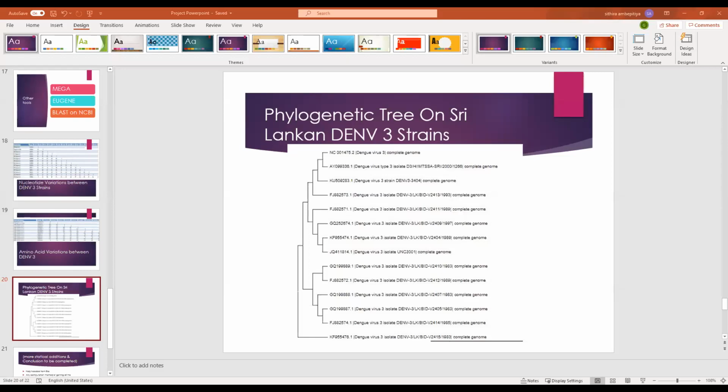So here we compared the other 13 strains against this strain, KF95, because this was the pre-epidemic strain that we could find. Now we compared it against the top one, which is a 1981 sample.